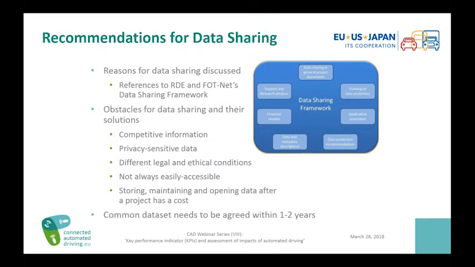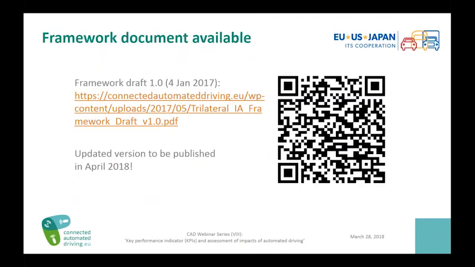Then there are obstacles related to storing, maintaining, and opening data after the project, cost-wise, in how to handle that after the eligibility period of the project has ended. And of course, in future versions of the framework, it would be nice to provide a recommendation on what data could be shared, but this is not given in this version number 1.